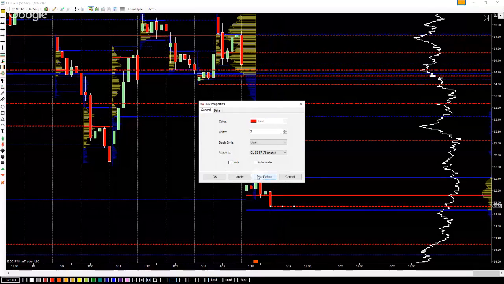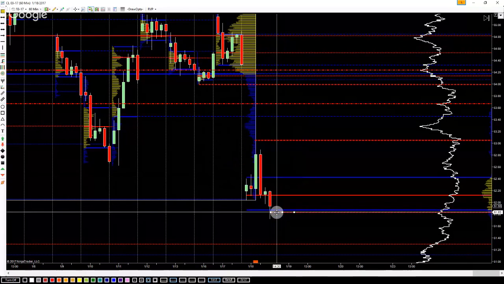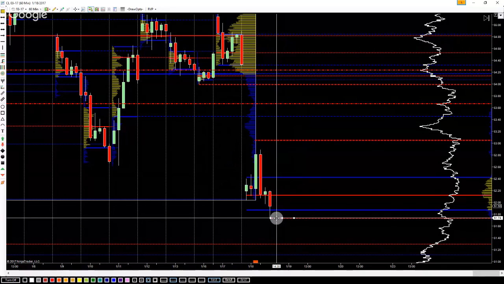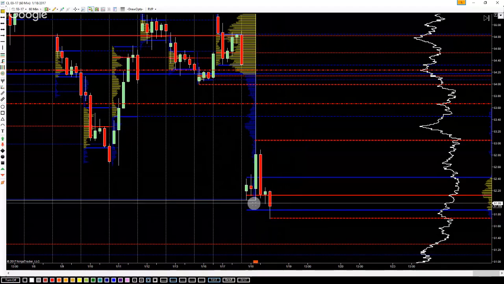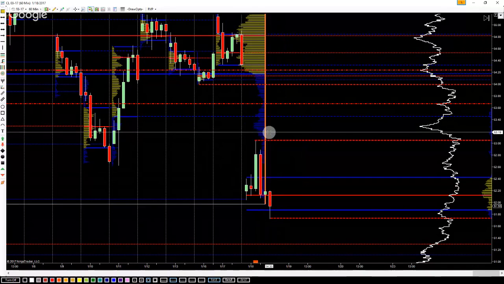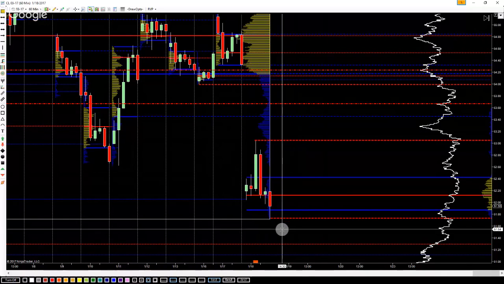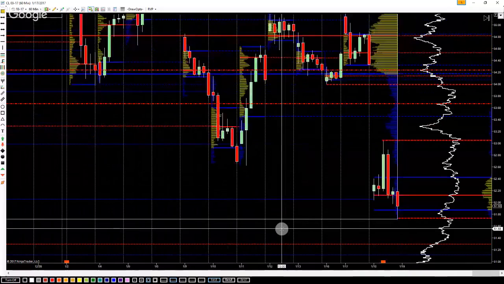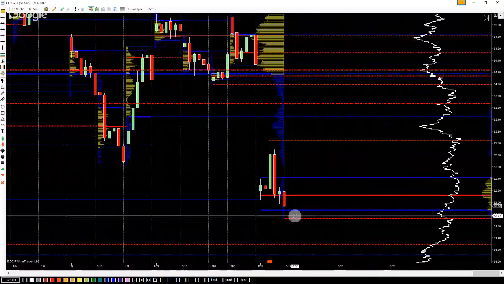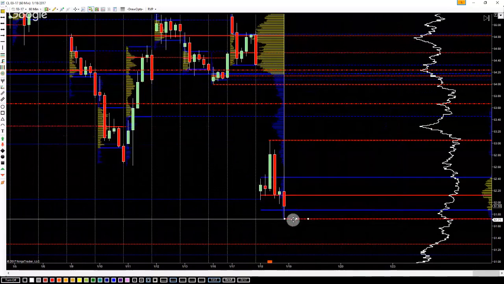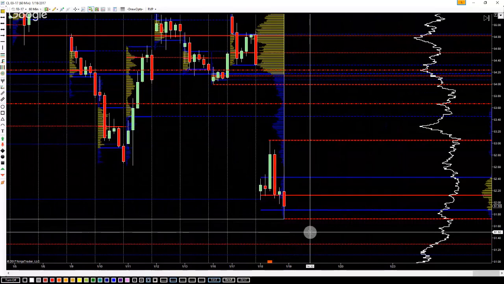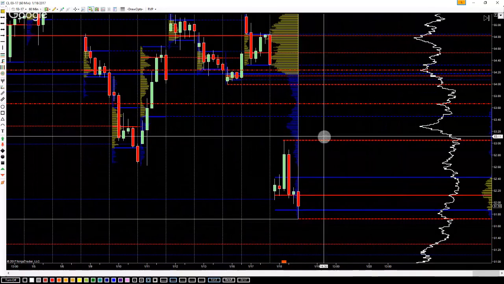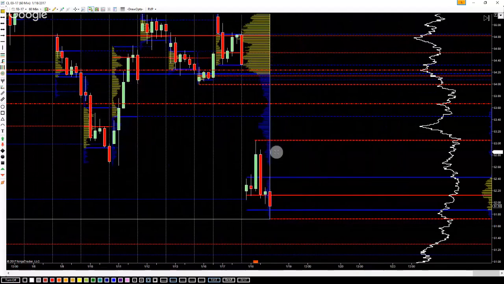Oh, we don't want that. Okay. There we go. So this actually is showing us a slightly lower. Let's roll this down to be precise. There we go. Okay, so yesterday's high, yesterday's low, treated as swings now.